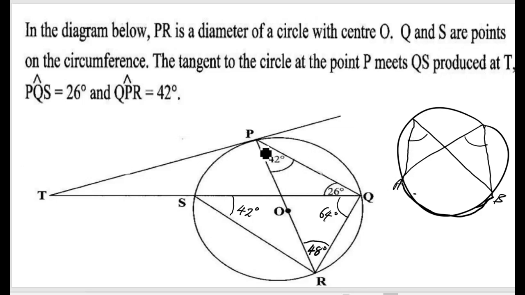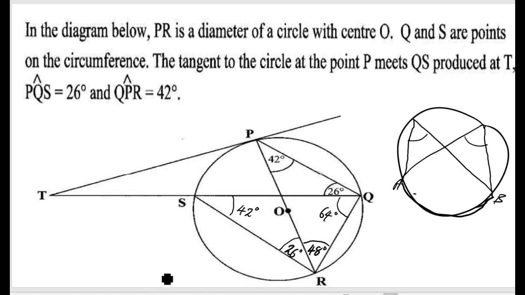So I can apply this: segment SP is a segment, meaning this angle and this angle are going to be equal, because both the angle at Q and the angle at R are coming from the same segment. So this is also 26 degrees.